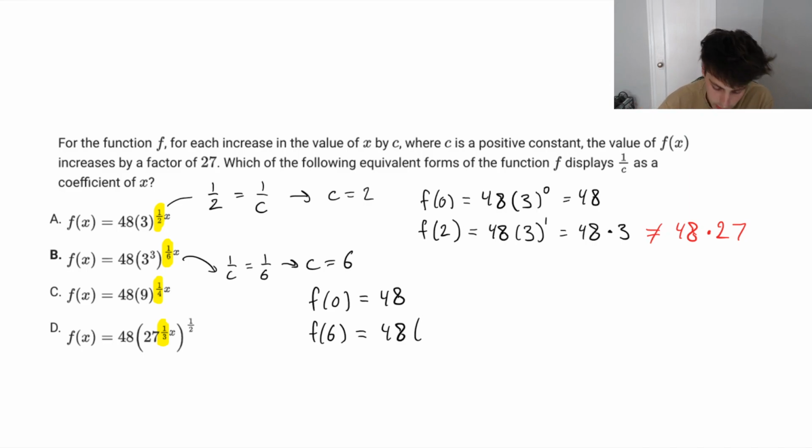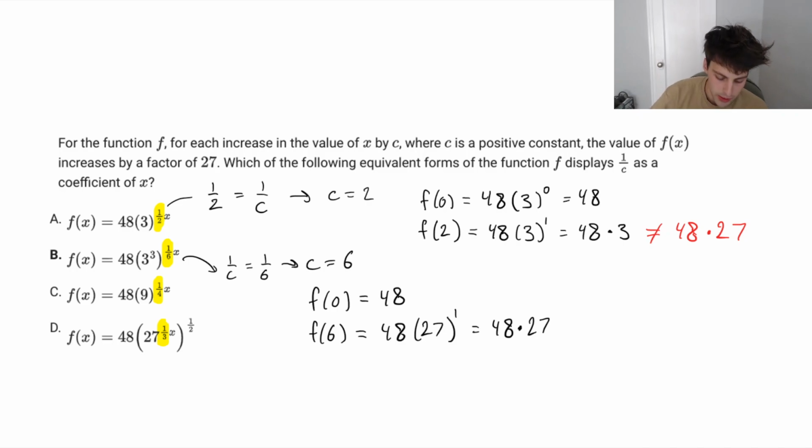Multiply that by 3, I get 27. So this is 27, times 1/6 times 6 is 1. So there you go. You can see here that we increased. Oh my God, sorry, my dog is going crazy. So this is 48 times 27.